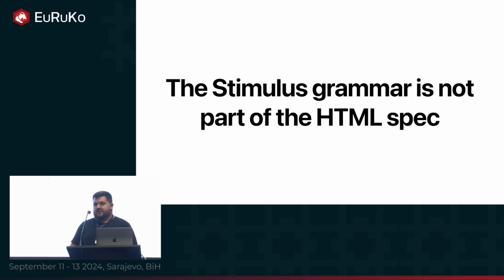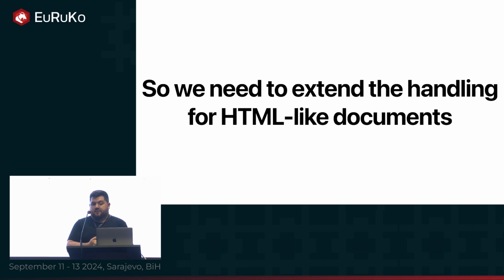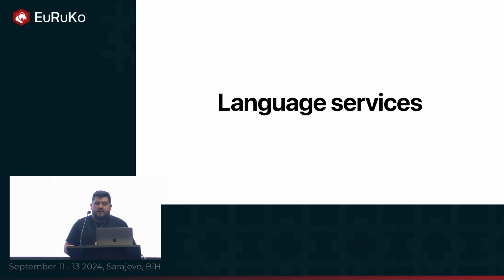Stimulus attributes are not part of the HTML spec, so VS Code doesn't know anything about this and how it might be used. So we need a way to extend the HTML handling in VS Code, or HTML-like documents, because most of the time we are using HTML ERB, right? And luckily we can do this with language services.